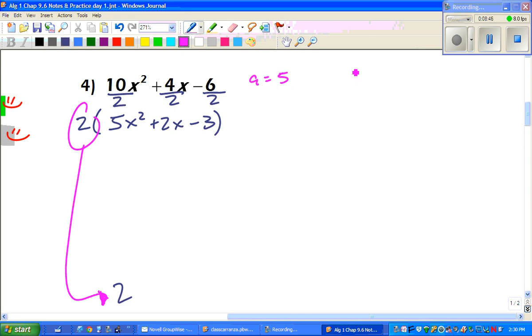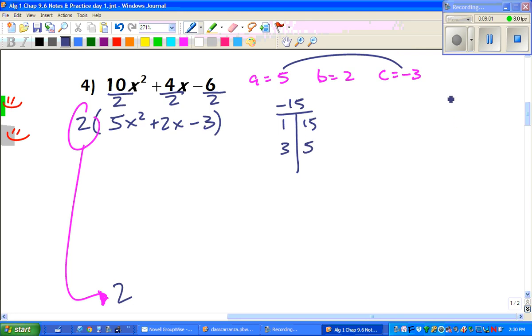Now we look at: a is 5, b is 2, and c is negative 3. The factors of 15 are 1 and 15, 3 and 5. So which group adds up to 2 but multiplies to get to negative 15?